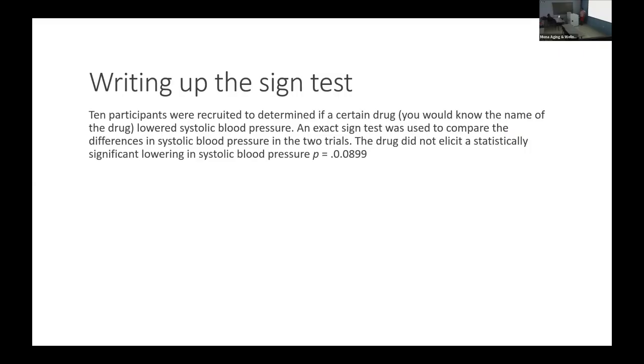If you were writing this up, you'd say 10 participants were recruited to determine if a certain drug, and hopefully you would know the name of the drug you are testing, which I don't know now, lowered systolic blood pressure. An exact sign test was used to compare the differences in systolic blood pressure in the 2 trials.